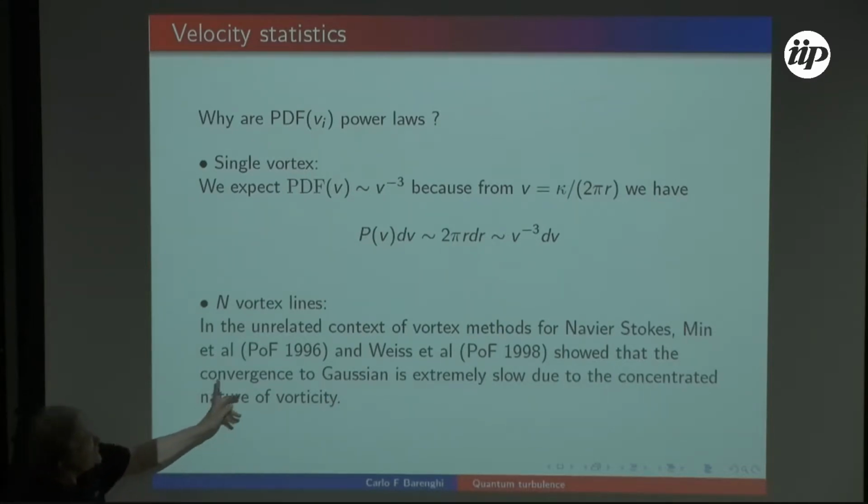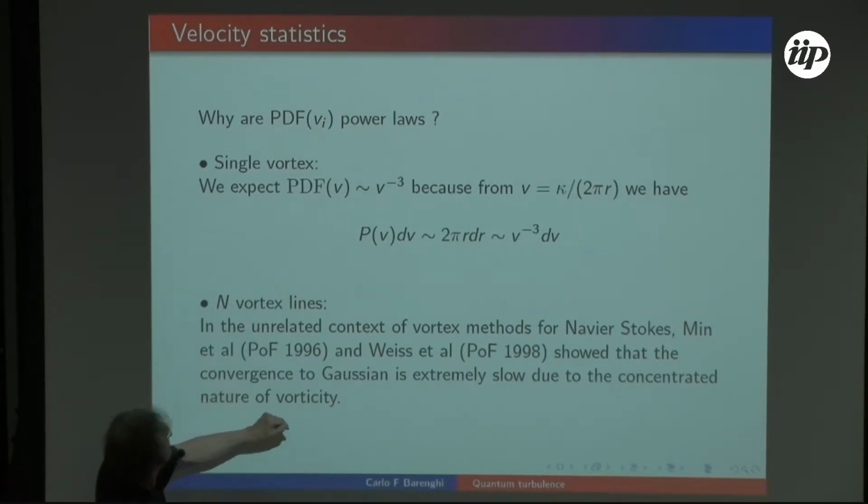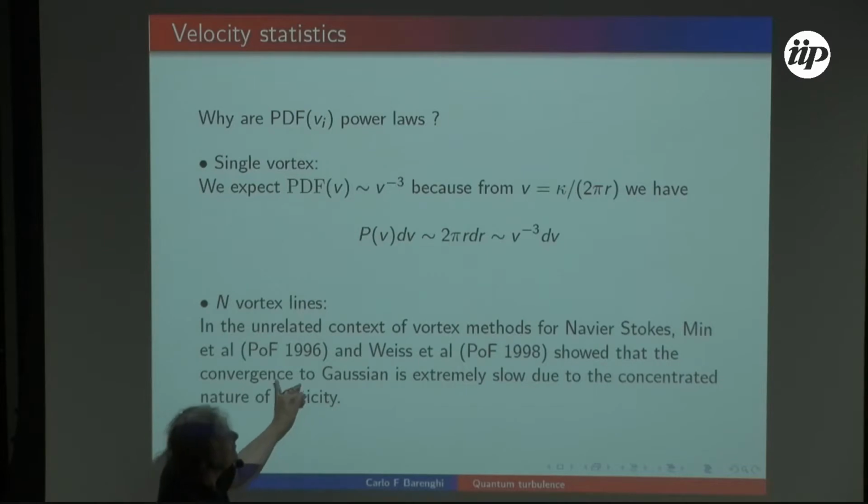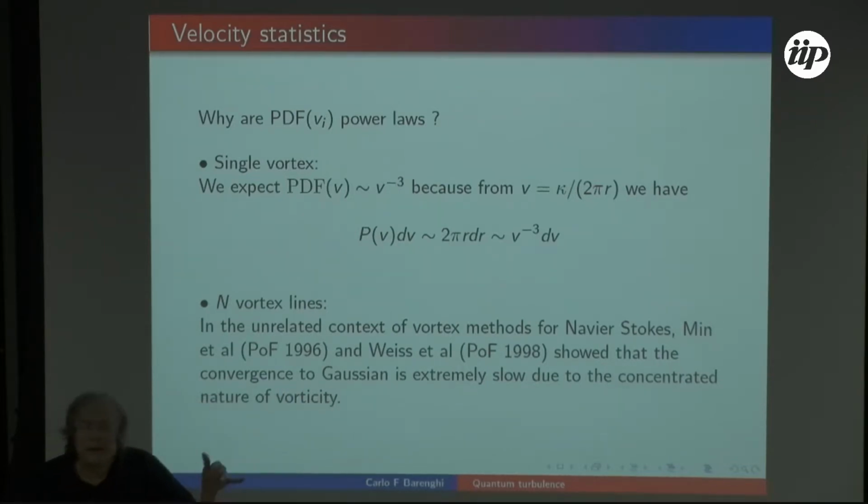But the answer is contained in some papers by Tony Leonard and students in the early 90s, when vortex methods were somewhat popular. That was before parallel computing. So people thought that vortex methods would be useful for computing high-intensity turbulence.